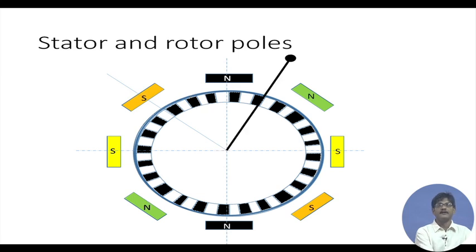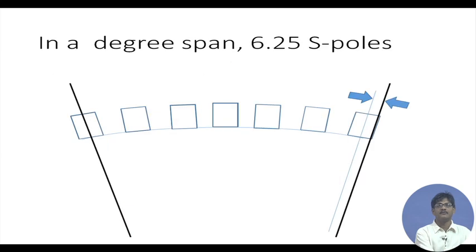In this 45 degree span, how many such south poles are residing? So, 50 south poles are covering 360 degrees. Therefore, 6.25 south poles will be covering 45 degrees by unitary method, and therefore, we can say that 0.25, that means 1/4 of a pole will be shifting in order to centrally locate it with respect to the resultant field direction in the vicinity of those two north poles.